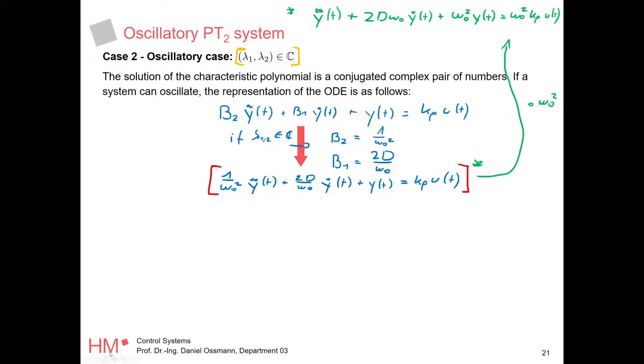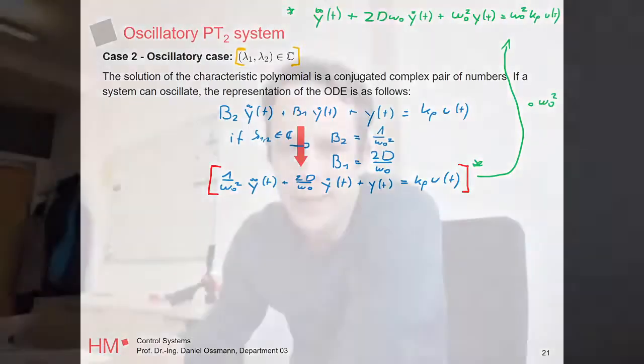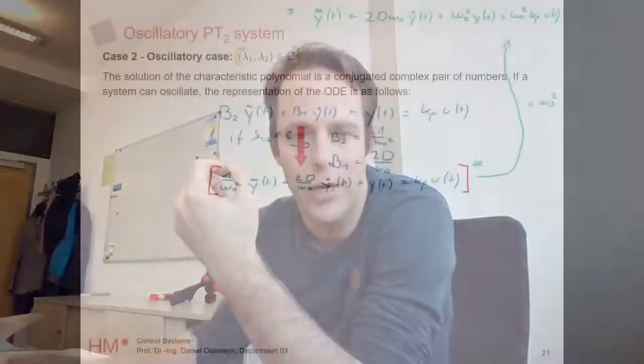I know it's simple at this point, but it often gets confused by students. If I give you a second order ODE, it will have numerical values, right? It will have 10 times y double dot and so on. And then I say, okay, please compute the damping and the eigenfrequency. So here it looks simple, but then you need to transfer it over to numerical values.